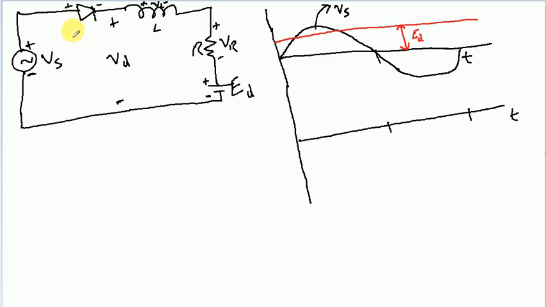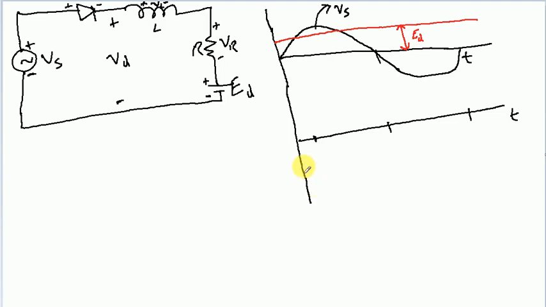As long as the source voltage shown in black color is less than the DC voltage, which is also the potential at the negative terminal of the diode, it cannot cause conduction. Up till this point, the diode will remain reverse biased and it will not be able to conduct.